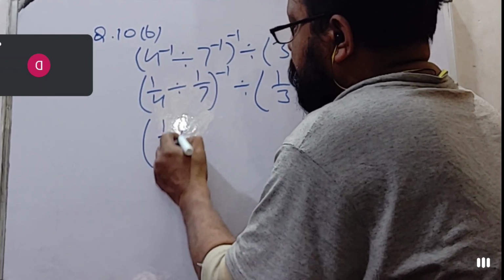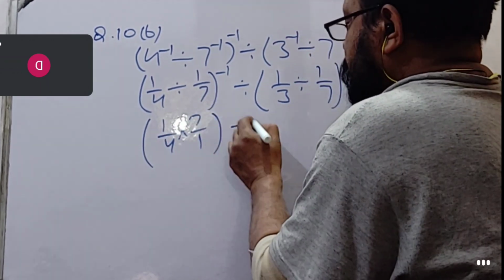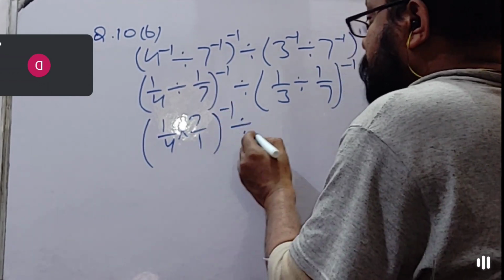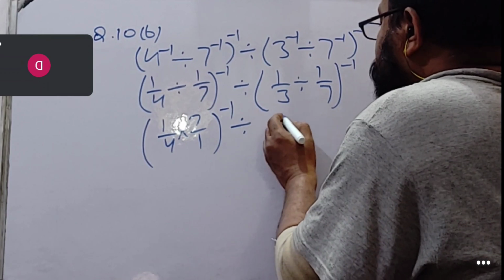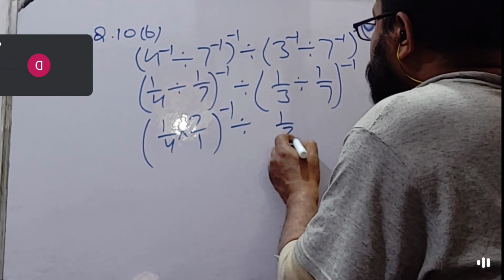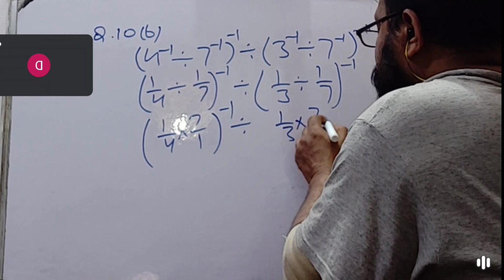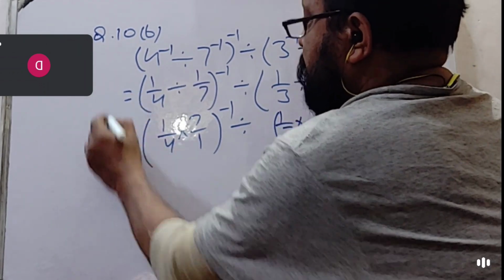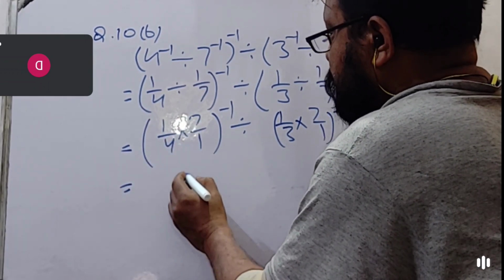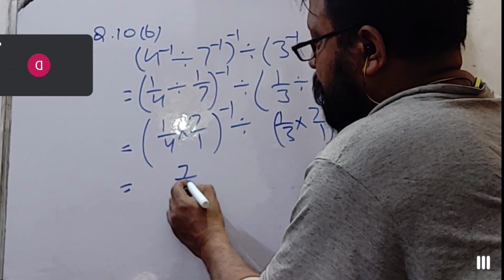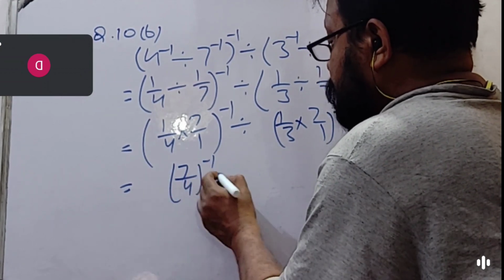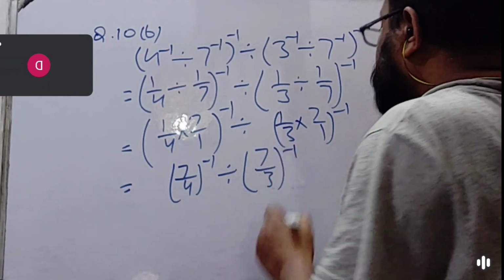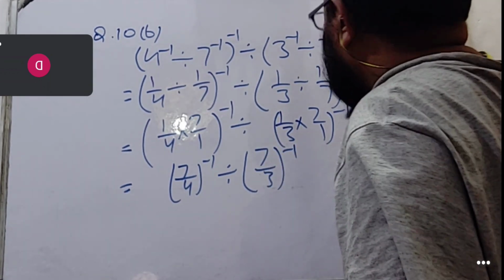1 upon 4 into 7 upon 1, divided by 1 upon 3 into 7 upon 1, whole raised to the power minus 1, right? So now it becomes 7 upon 4 raised to the power minus 1 divided by 7 upon 3 raised to the power minus 1, right?